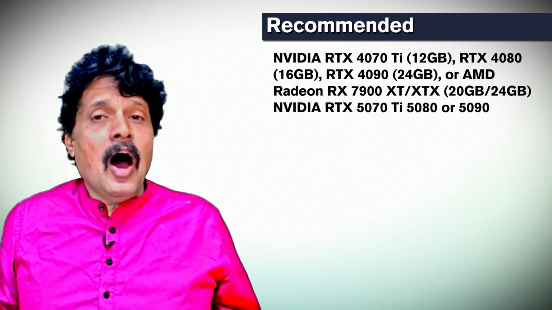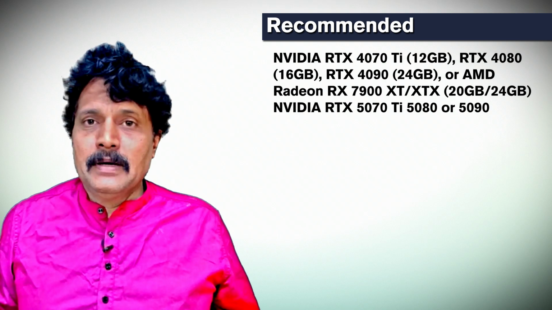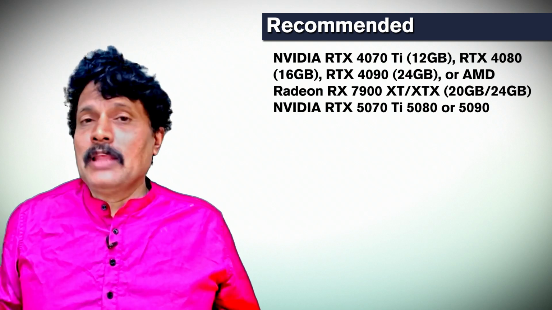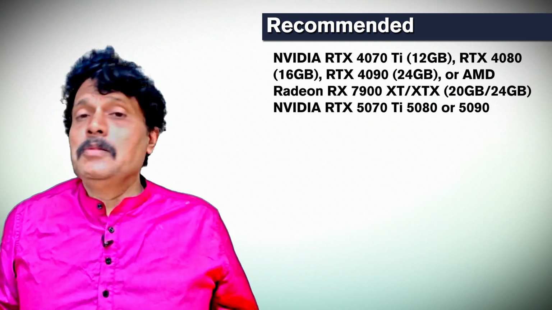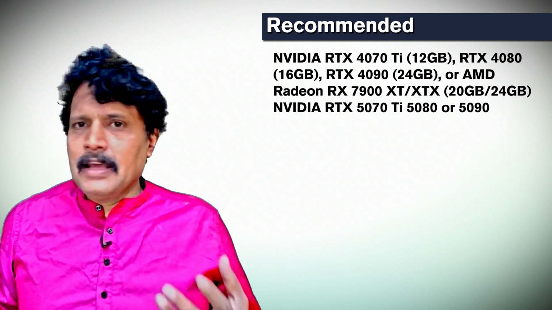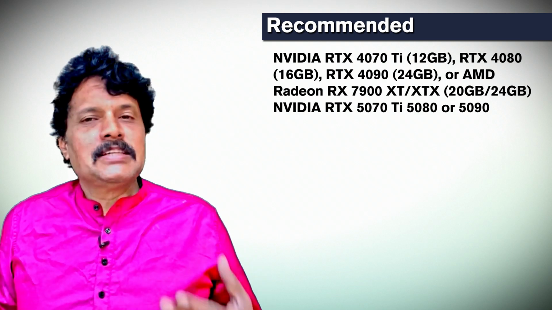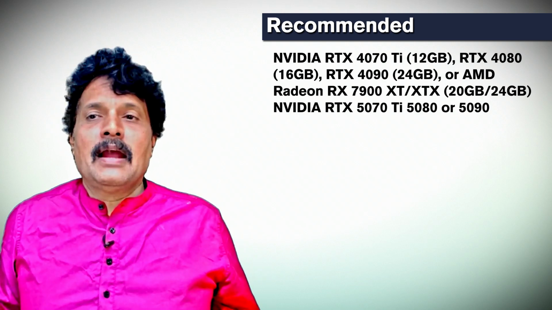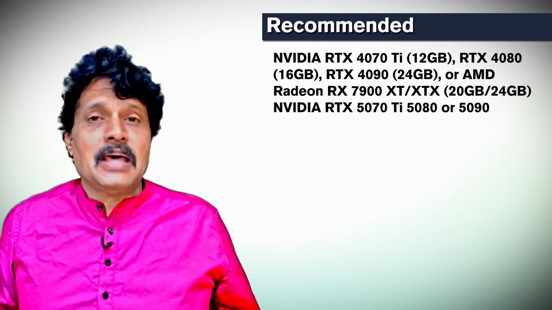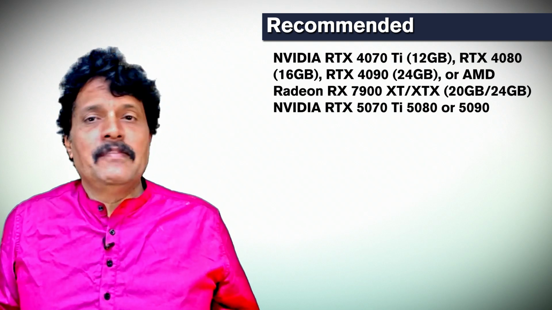But if you have an RTX 4080 with 16 GB VRAM or RTX 4090 with 24 GB VRAM, it is still better. But I know it is highly expensive. The 4090 graphic card itself starts at 2.5 to 3 lakhs. Or you can go for AMD Radeon RX 7900 with 20 GB or 24 GB VRAM.